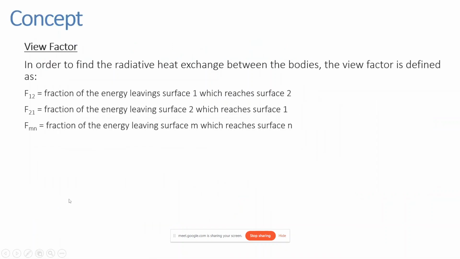So let's just look at what is view factor. In order to find radiative heat exchange between multiple bodies, we define the view factor as given by these 3 terms. Let's say I'm having 2 objects, 1 and 2.